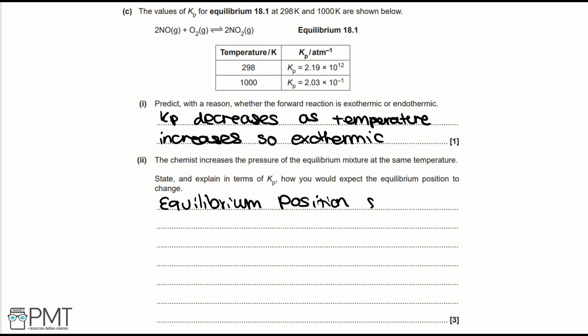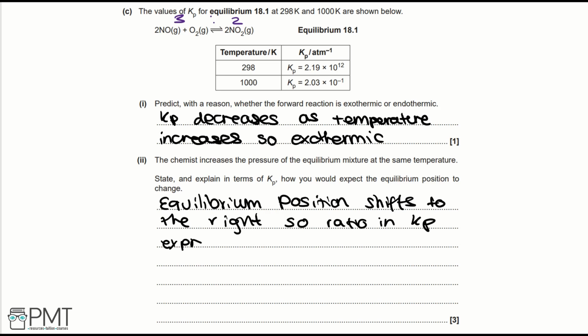So the equilibrium position is going to shift to the right, and I will explain why. And that is because it shifts to the side with a fewer number of moles of gas. On the left there are 3, and on the right there are 2, so the equilibrium position is going to shift to the right.